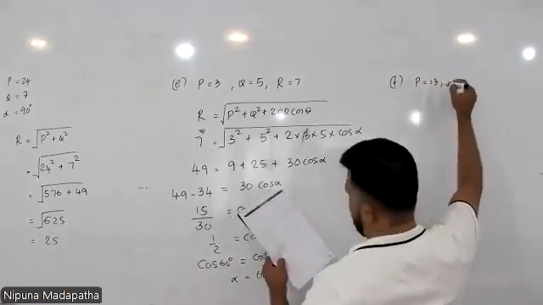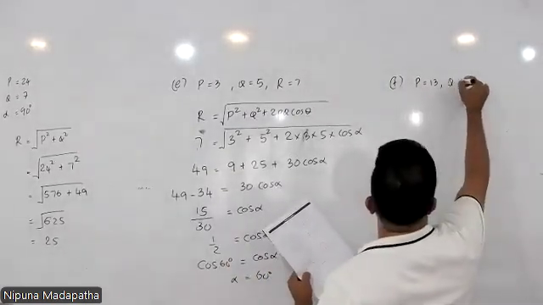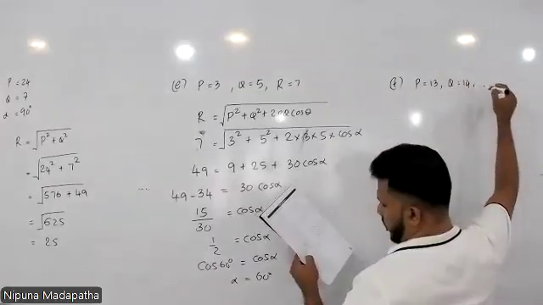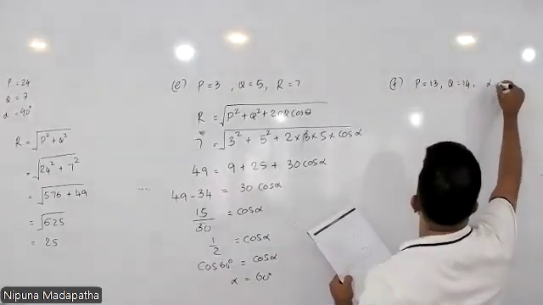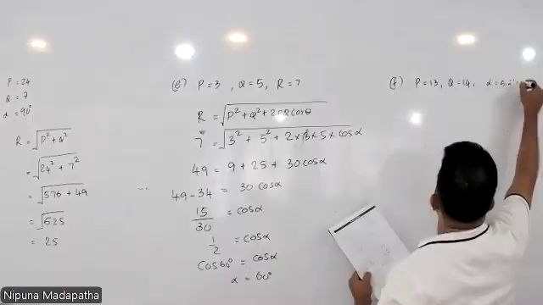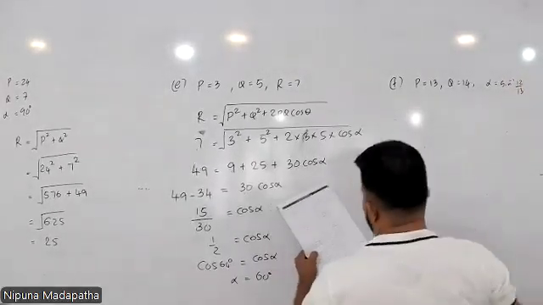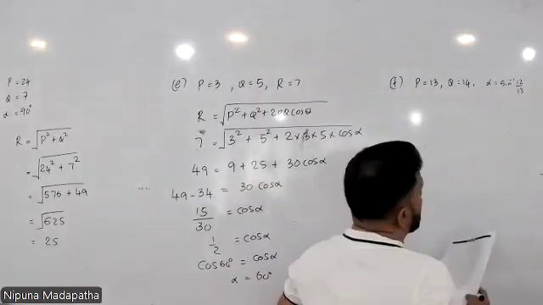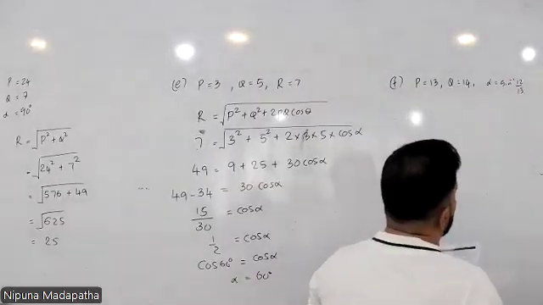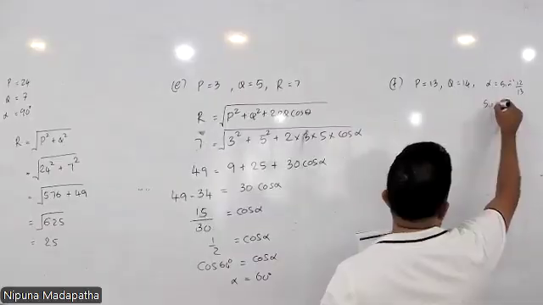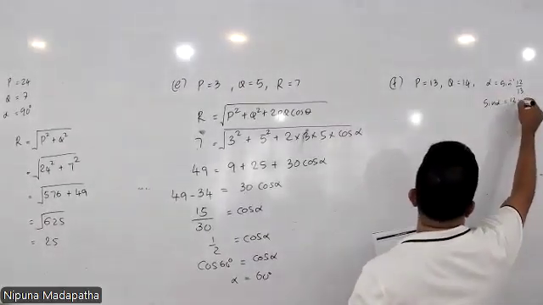P is 30, Q is 40, alpha is sine inverse 12 over 13. So they have given the value of alpha as an inverse sine. This means sine alpha is 12 over 13.